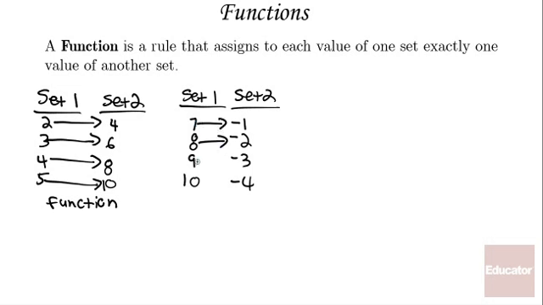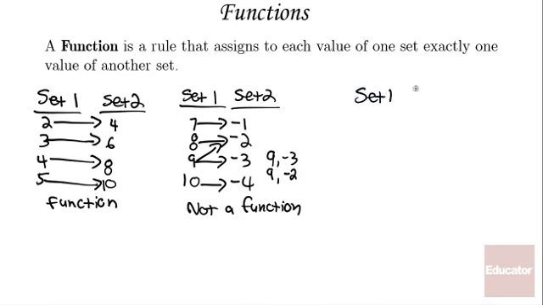But let's say that 9 is assigned to, or corresponds to, -2 and -3. And then 10 is to -4. This is not a function. If a member of the first set is assigned to more than one value from the second set, because 9 is assigned to -3, and it's also being assigned to -2, that is not a function.